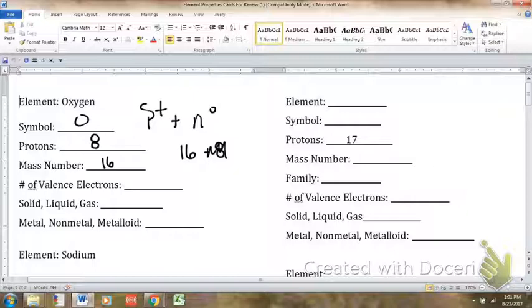It's in group number 6A. So therefore, it has 6 valence electrons on its outermost shell. When you come into the classroom, the big periodic table I have on the wall that's outlined in wood frame, that's what you're going to use to look at the state of matter. If it has a red chemical symbol like oxygen does, it is a gas.